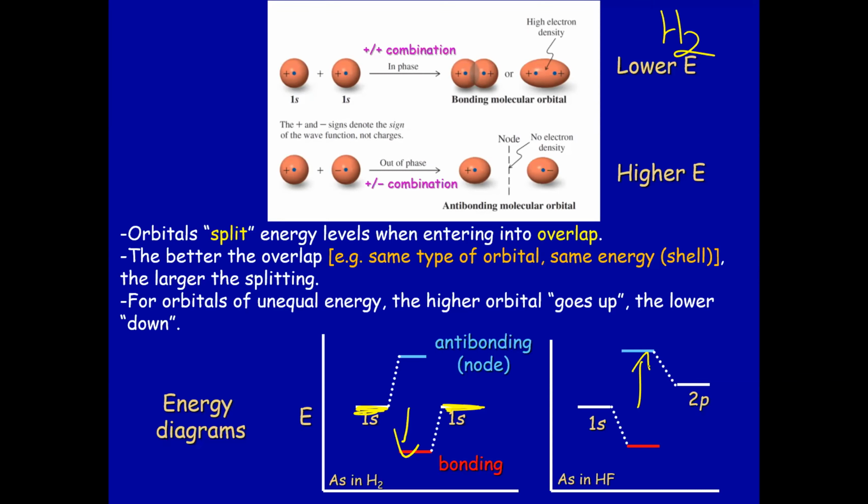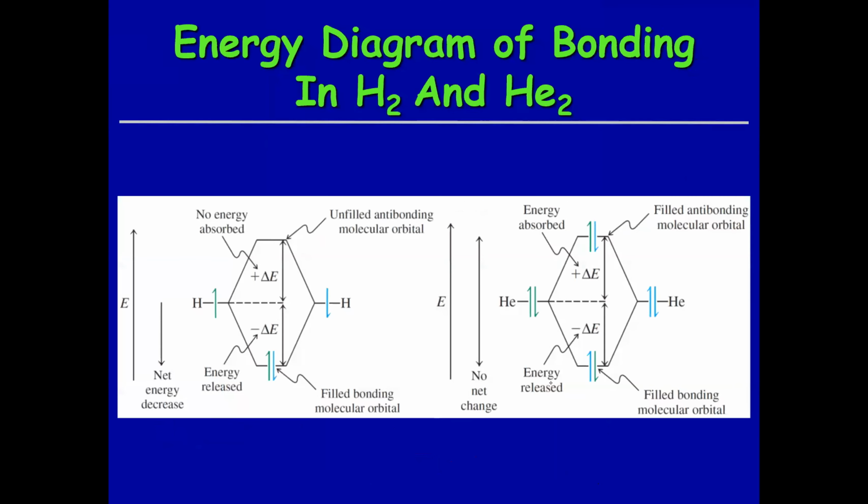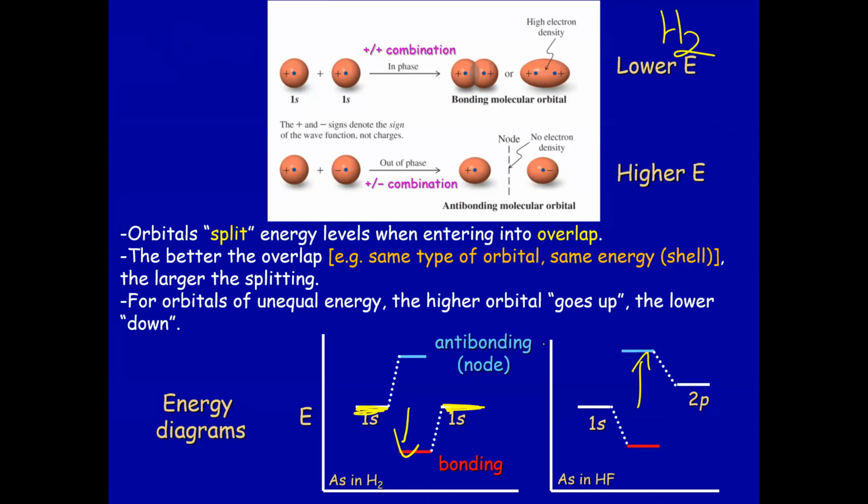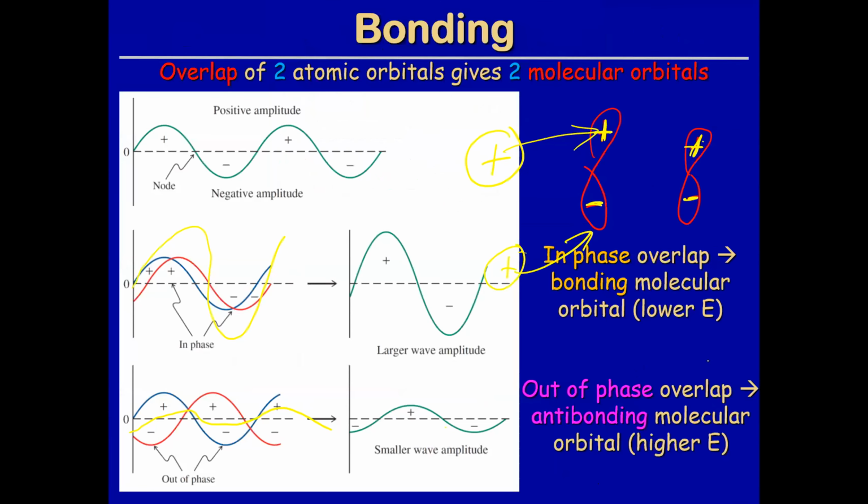But for organic chemistry, just know that bonding is stable and the antibonding is not stable. Sir, sorry, what did you mean by antibonding? Was it the out of phase? Antibonding is the ones that are out of phase. Okay, thank you.